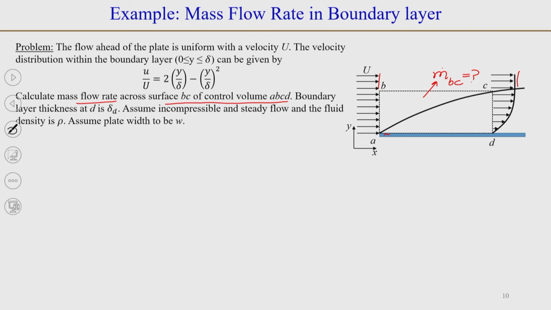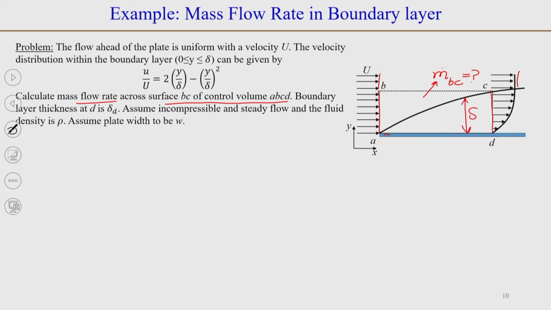Now, at the section A B, the velocity profile is uniform, or the velocity is the same across all from 0 to y, whatever y we take, whereas at section C D we see a change in velocity. This velocity has been given as a function of u by capital U is equal to 2 y by delta minus y by delta squared, where delta is the thickness of the boundary layer at any location.